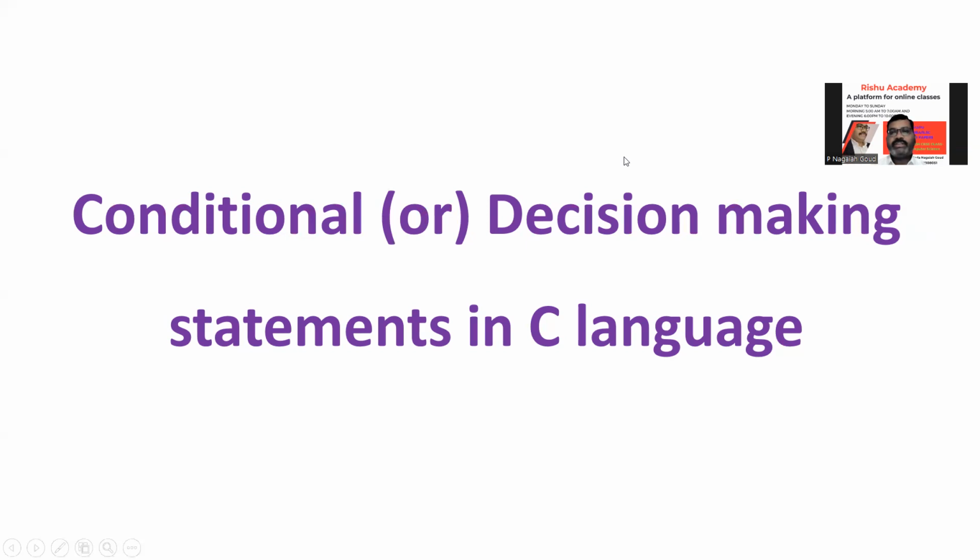What is meant by conditional branching, or decision-making, or a selective statement? Conditional statements are used to control the sequential execution of the program. Generally, in C language, the program is executed step by step, line by line, that is, sequentially.